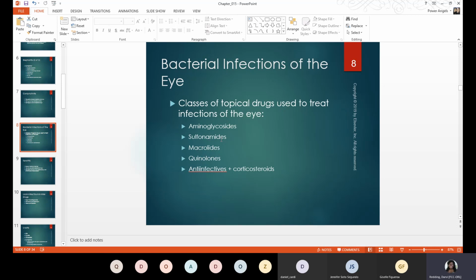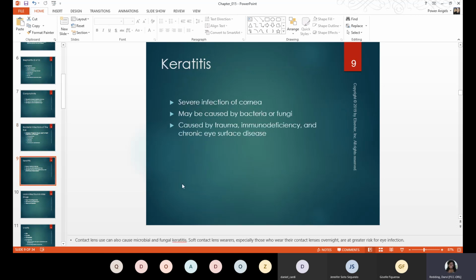So now that we've learned some of the classes that would be treating the infections of the eye, we're next going to continue to learn about more bacterial infections of the eye. One of the bacterial infections of the eye is keratitis, and that's a severe infection of the cornea.